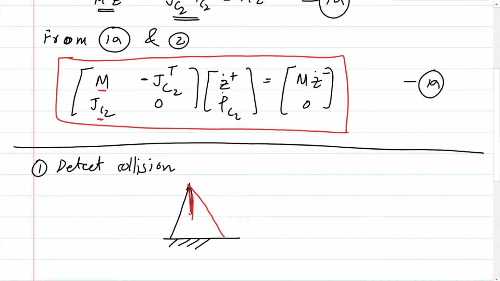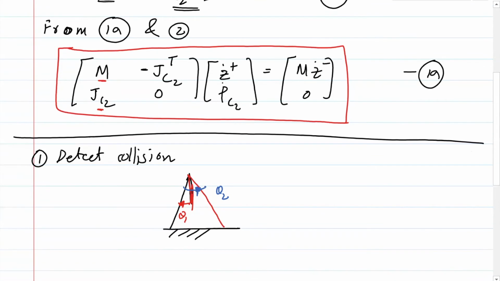Let me call this angle theta 1, and then the other one is theta 2. So we detect collision when basically the two legs are in the way they've shown.